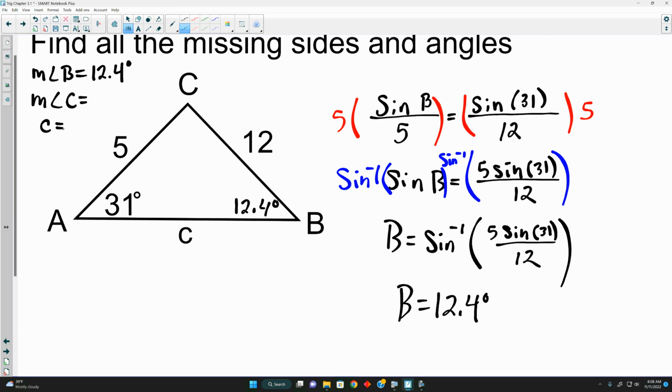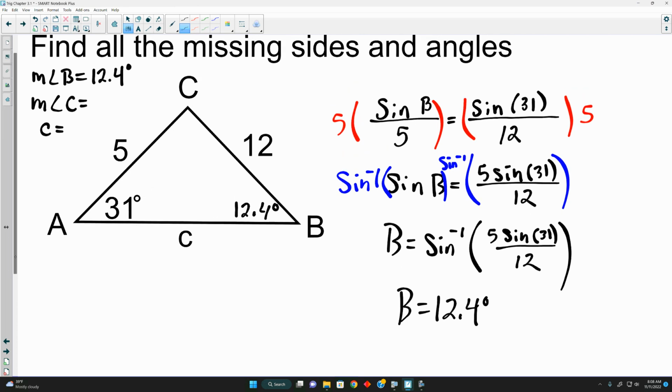So now all we have left is finding the length of C and the measure of angle C. Finding the measure of angle C is not too bad because we can add the two angles that we do have together and subtract from 180.